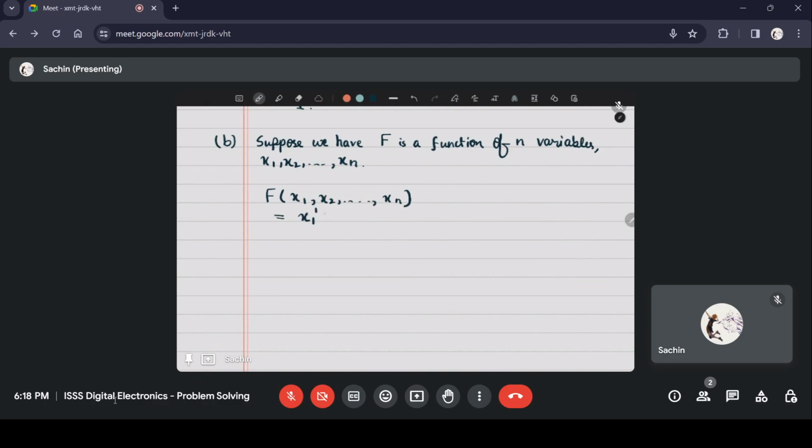X1 prime into f of x2, x3 up to xn plus x1 into f of x2, x3 up to xn. This is nothing but x1 prime plus x1 into f of x2, x3 up to xn, 1 times f of x2 to xn.